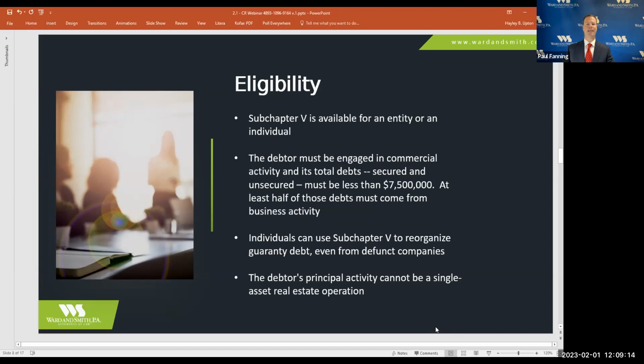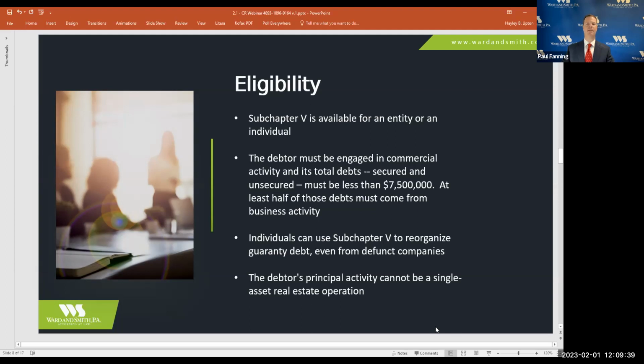You can't be a single asset real estate operation and qualify for Subchapter 5. So single asset, think one piece of property, the only asset of the company, no operations, those don't qualify for Subchapter 5.